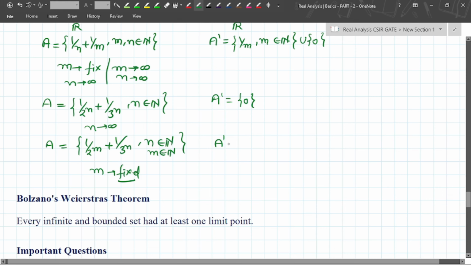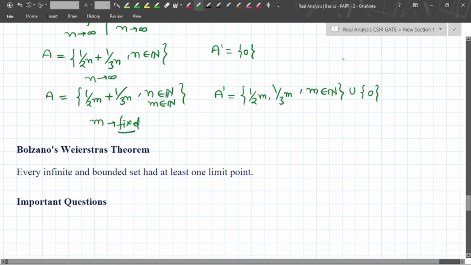The derived set is again the same thing, 1 by 2 power m and 1 by 3 power m, where m belongs to natural numbers. And certainly if these both go to infinity, then the unique limit point will be 0 also. So we'll just write the union with 0.